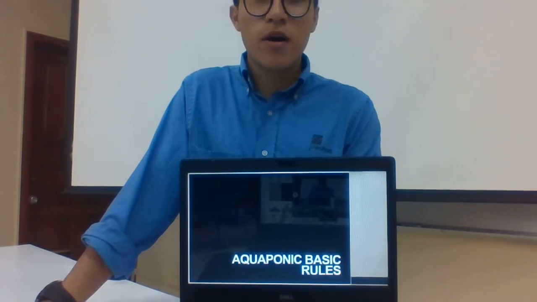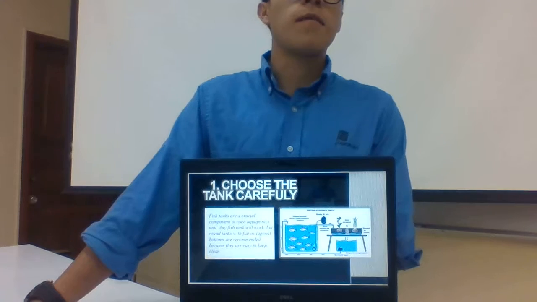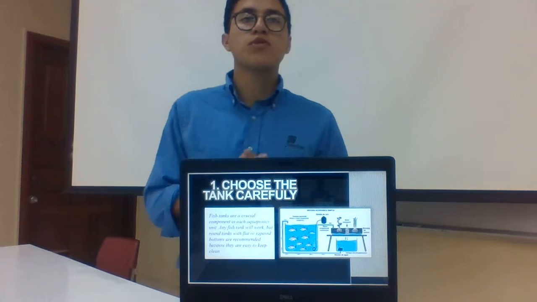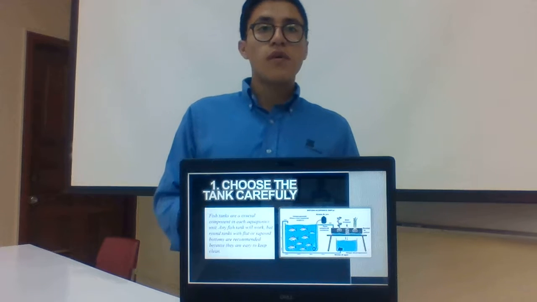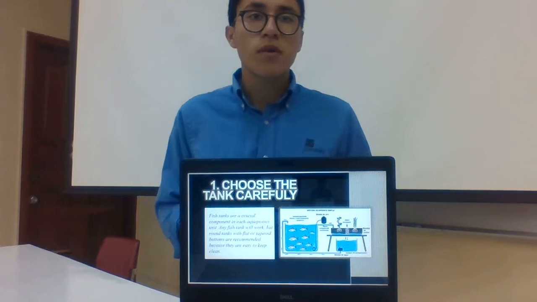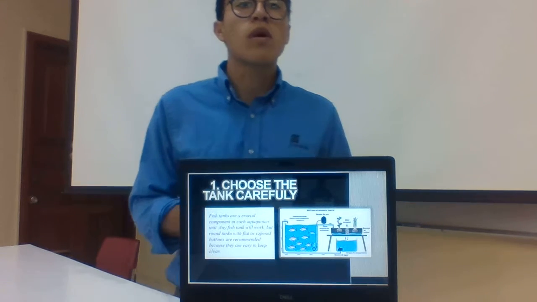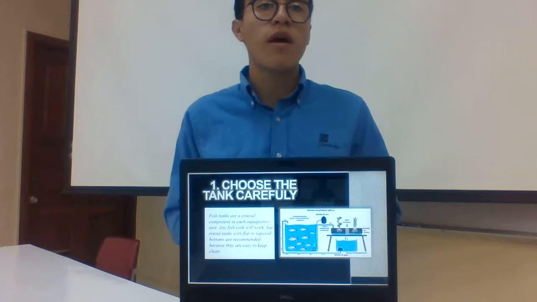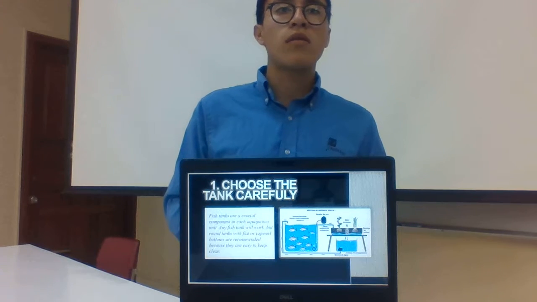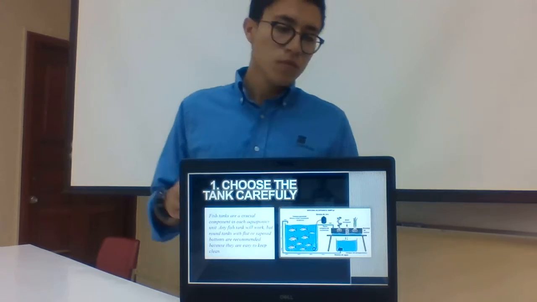Okay, I'm going to talk about the aquaponic basic rules. The first rule is that you have to choose your tank very carefully. Fish tanks are crucial components of each aquaponic unit. Many fish tanks will work, but a round tank with a flat or sloped bottom is recommended because it is easy to keep clean.